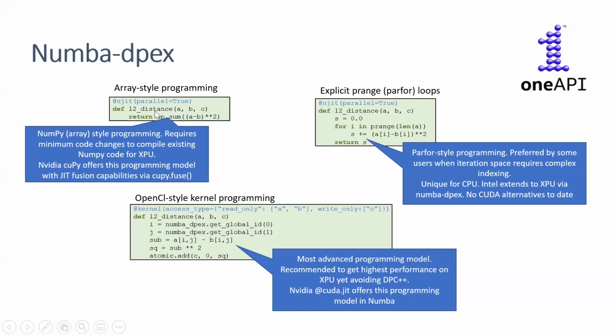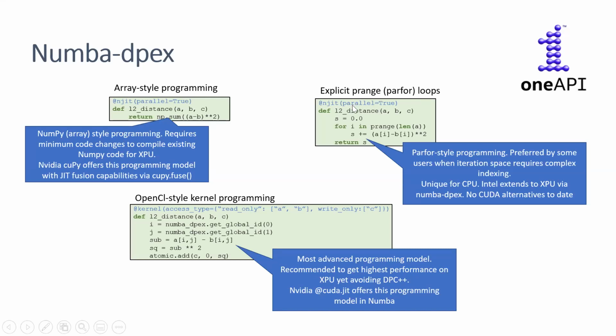This is called automatic offload via numba.jit. It extends Numba's existing auto parallelizer to support generating SYCL kernels from data parallel code regions, and it requires very minimal change to the existing code. You can offload by just using an existing numba.jit decorator with NumPy arrays and offloading to a device.